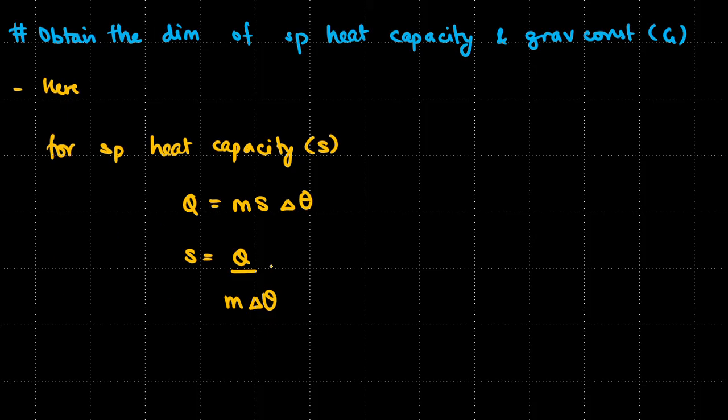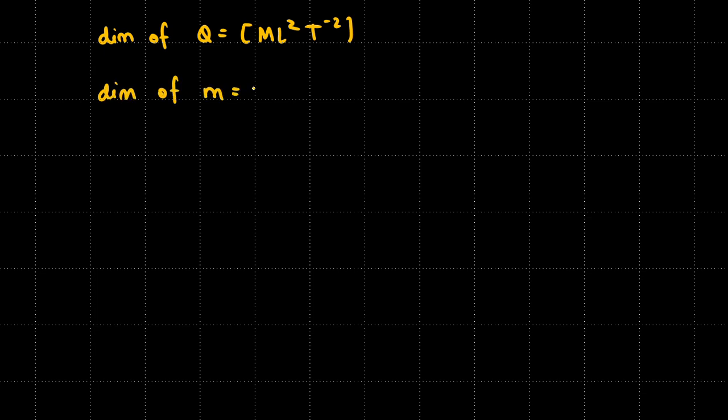Now we know the dimension of all of them, so let's write the dimensions. The dimension of Q is the same as that of energy, which is ML squared T minus 2. Then the dimension of m, which is the mass, will be M.